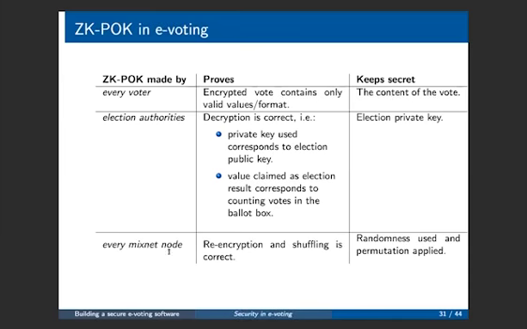And also every mixnet. Remember that these mixnet nodes, each one of them is going to apply re-encryption and a permutation of all the ciphertext, of all the encrypted ballots. So we want each one of these nodes to prove that this re-encryption and shuffling is correct. So it is really re-encrypting and really shuffling.